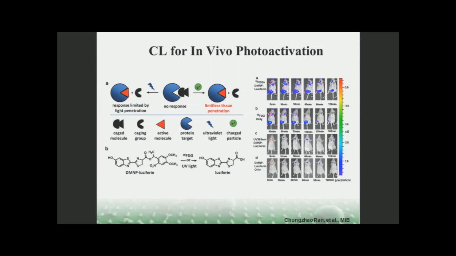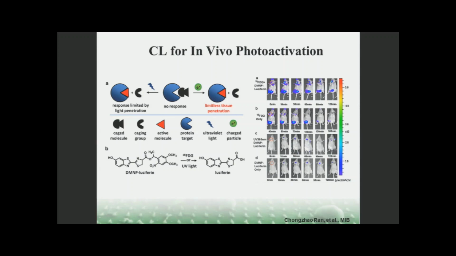This chemical bond is light sensitive, so they can use the Cherenkov light to cleave this bond and release the luciferin. Then this luciferin can be a substrate for in vivo bioluminescence imaging. Here it just shows the concept, and here you can see the in vivo validation of their concept. They use FDG to excite and cleave this bond.